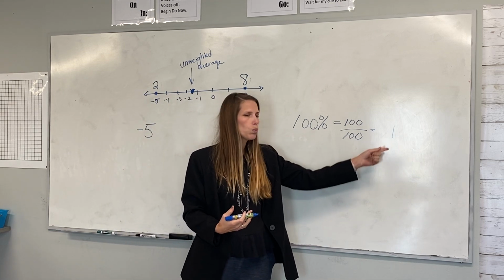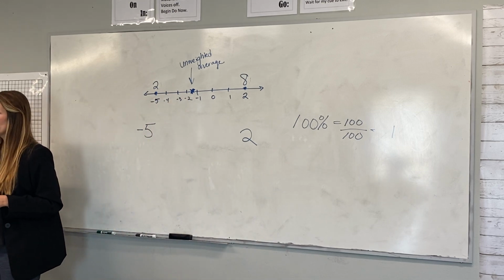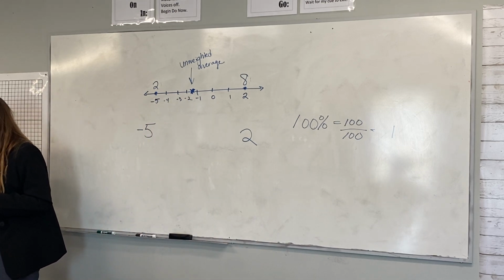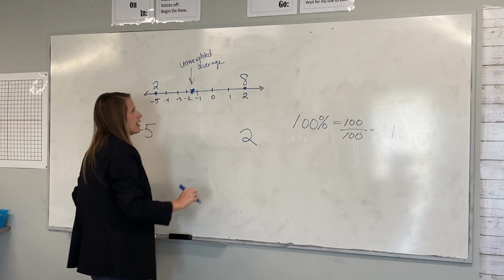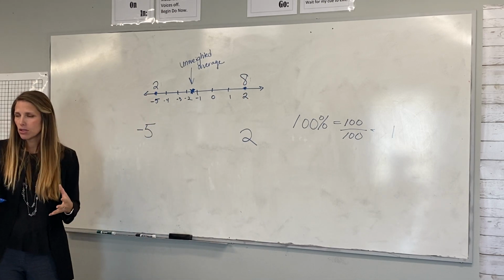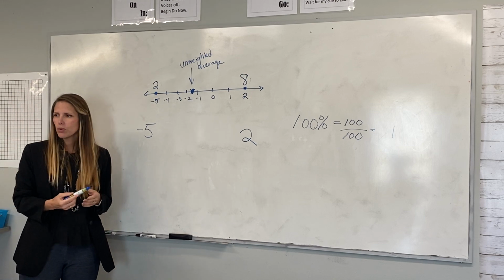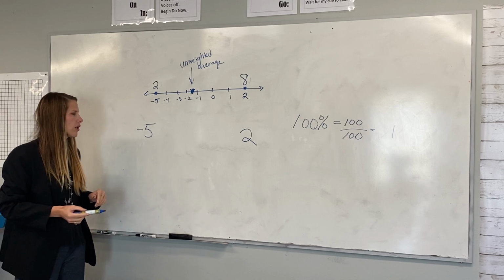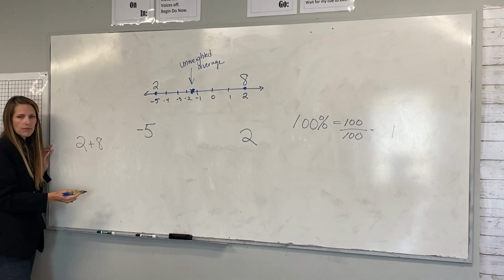They have to add up to one whole thing. If these are the weights, it has to add up to the whole thing, which sounds really weird, right? How do 2 and 8 add up to the whole thing? Well, what's 2 plus 8? 10. Good.